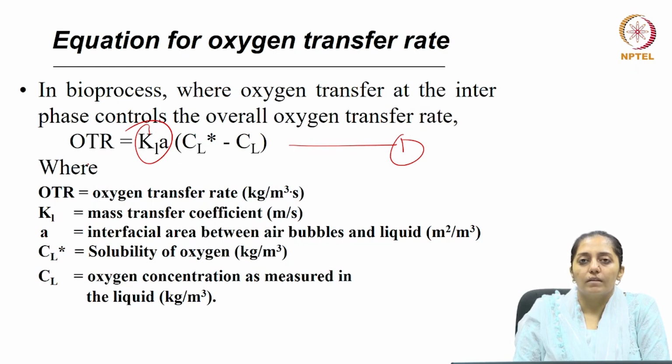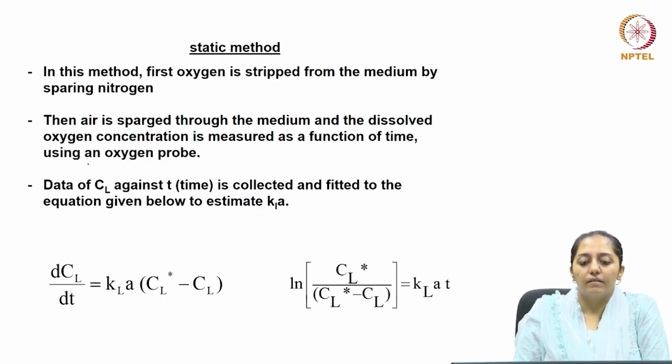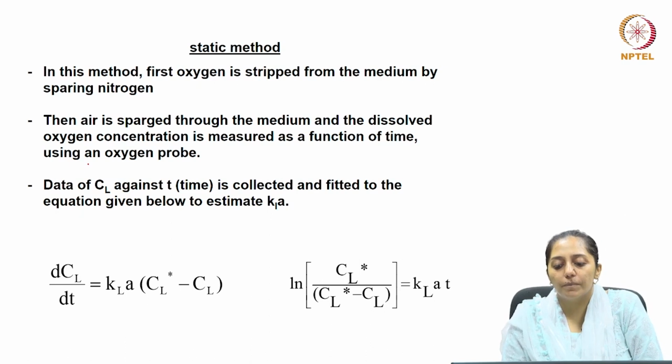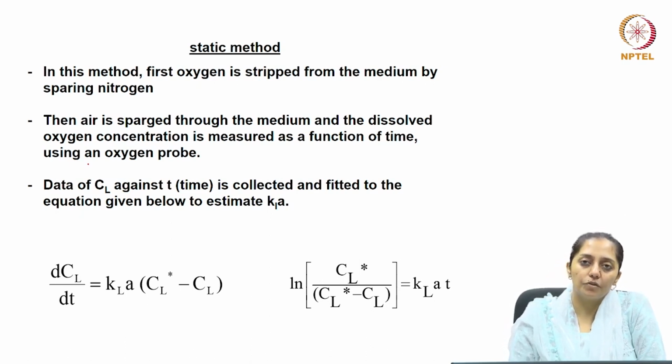One is called the gassing out technique, which is a static method. In this method, first the oxygen is stripped off from the medium by sparging in nitrogen, which means that all the oxygen is purged off. Then air is sparged through the medium and the dissolved oxygen concentration starts rising, and it is measured as a function of time using an oxygen probe in the reactor.